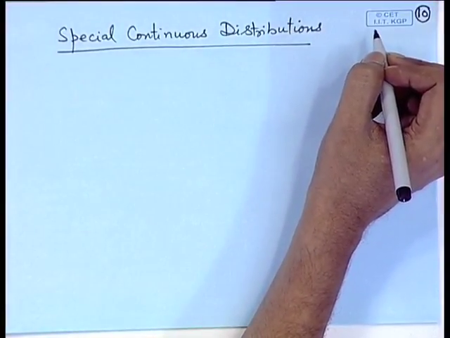As in the case of discrete distributions, the simplest example of a continuous distribution could be where the density is uniform, or the density is a constant. For example, you consider a rod with a uniform weight. Or you consider this sheet, where the thickness or weight of this sheet at every point will be the same.